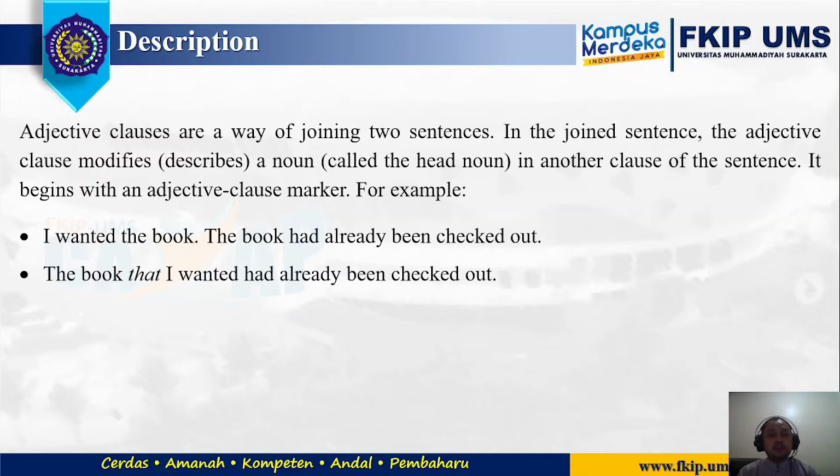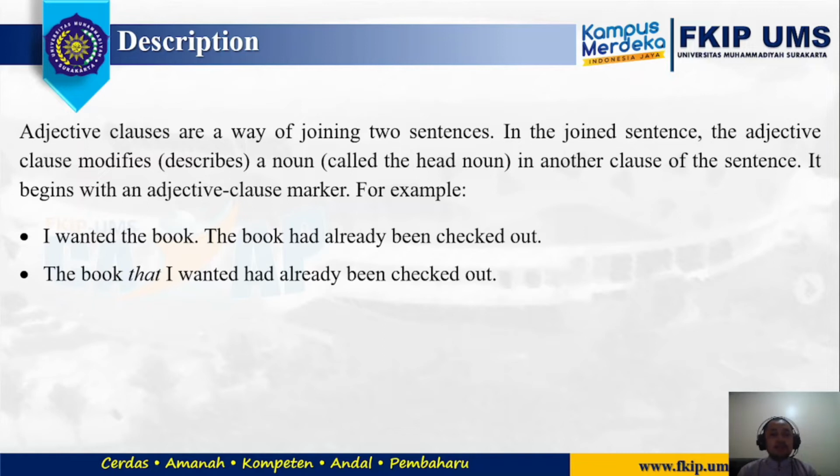Because as you know, the function of the adjective itself is to describe, explain or modify the noun. So the adjective clause has the same function as an adjective as usual: it also modifies a noun. And it begins with an adjective clause marker.